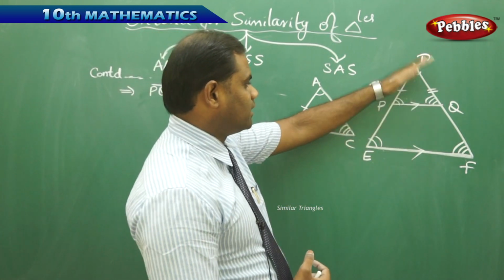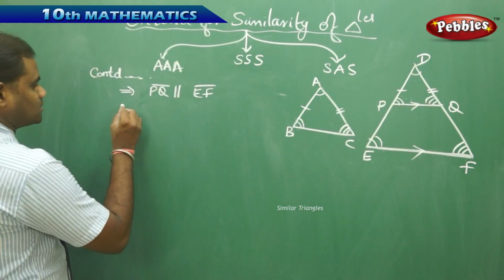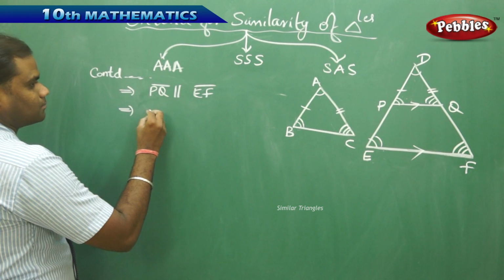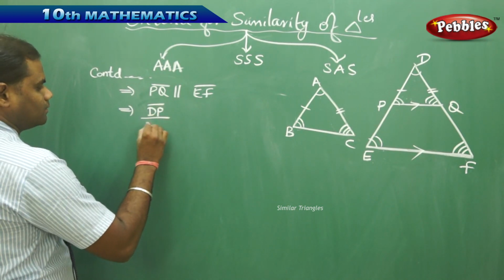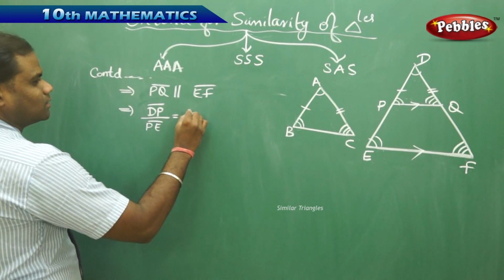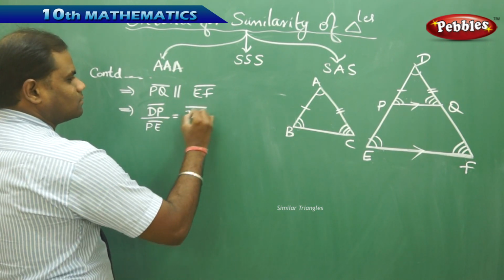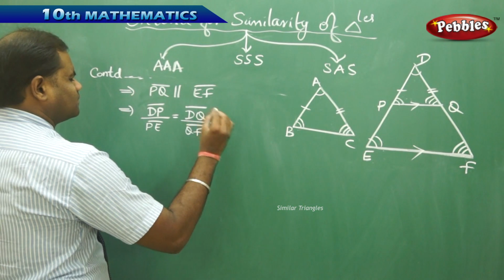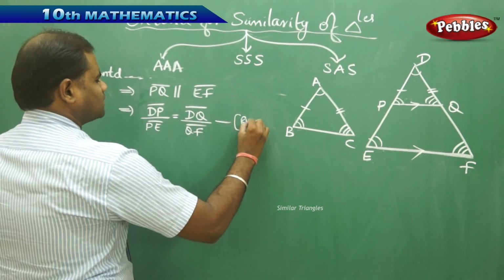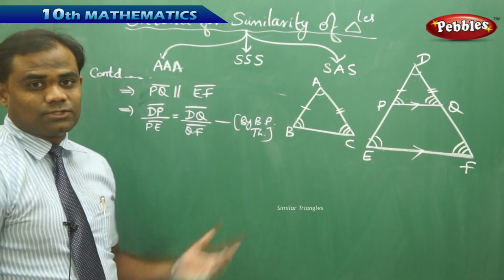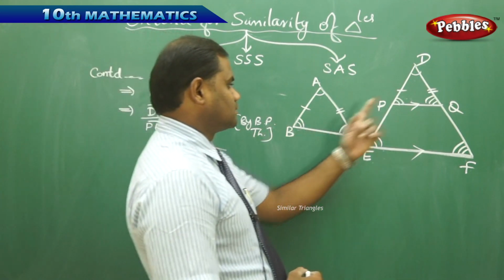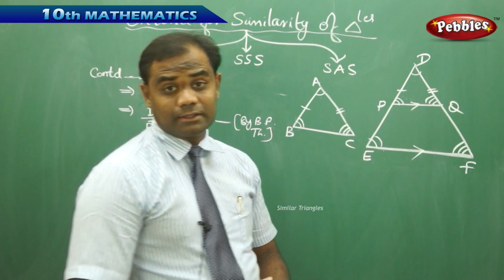Therefore, this divides in the same ratio, which implies dP by PE is equal to dQ by QF by the basic proportionality theorem. That is what I get when I divide this by this and this by this.